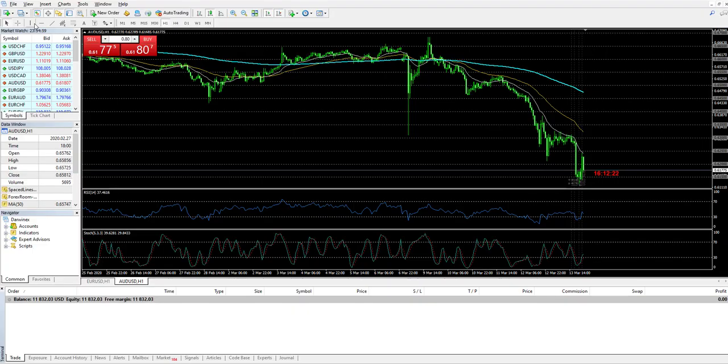Let's assume the open rate is, let's say, 0.6170, and this is a sell signal. You do not open the trade because this candle touched this rate. You have to wait till this candle closes below this rate and then you open the trade.